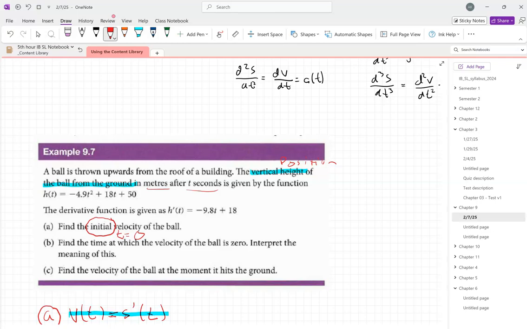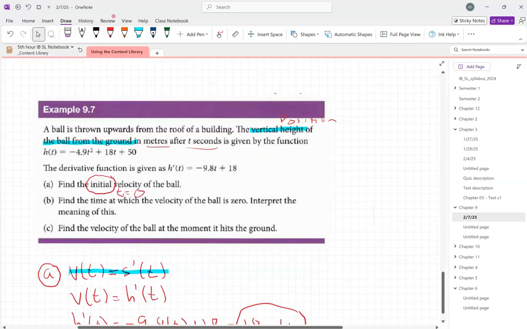They told it to me. It says the vertical height of the ball from the ground. That's describing a position, right? That's where the thing is located in space. That's a position function. Does that feel good? Okay. We're good then?